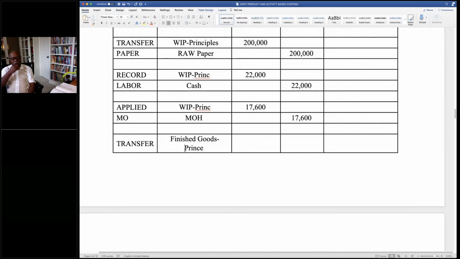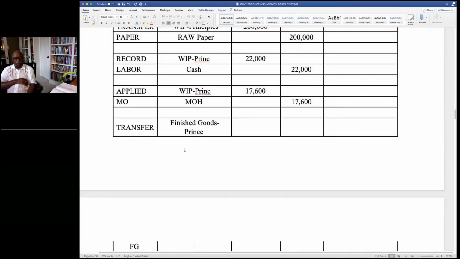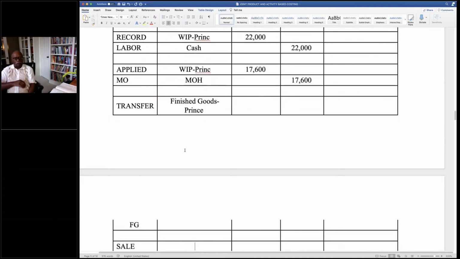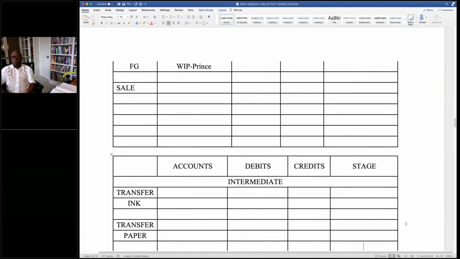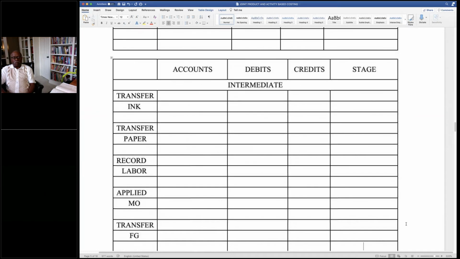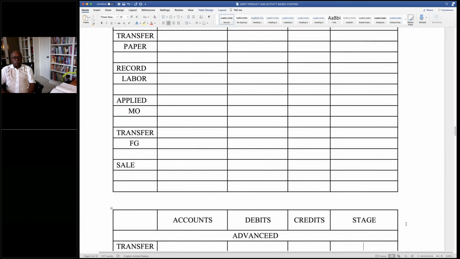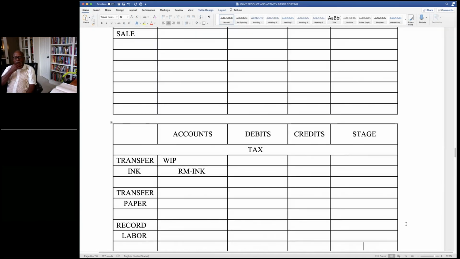To see how we got this number, we would have to post our journal entries for the labor and the applied manufacturing overhead. So go down to the T-charts, and then we would go to the work in process principals T-chart and complete that to get the number that we need.